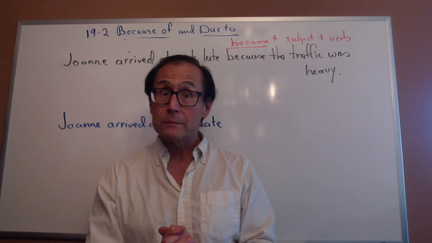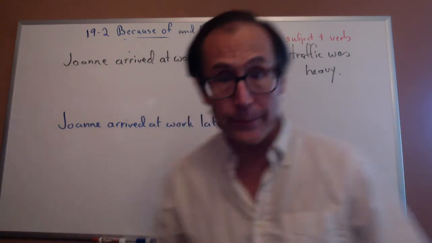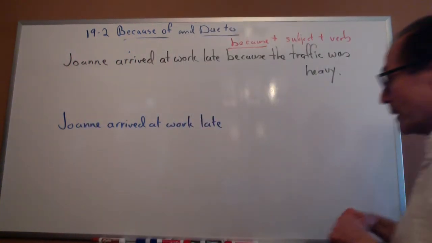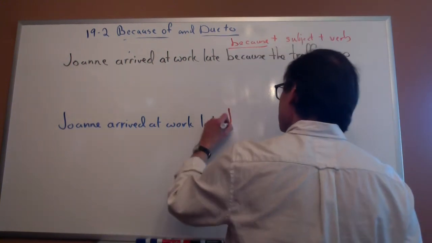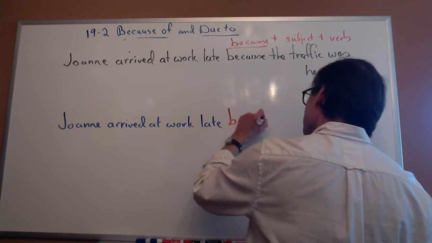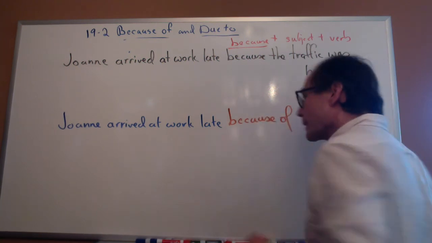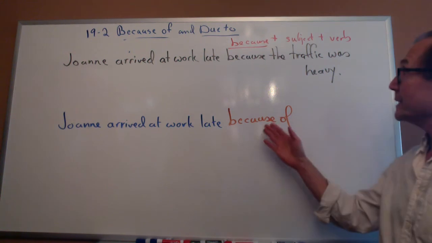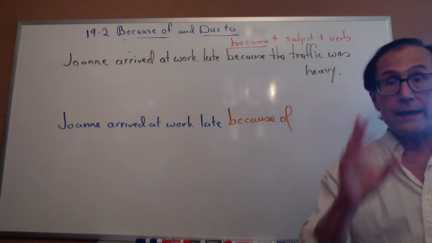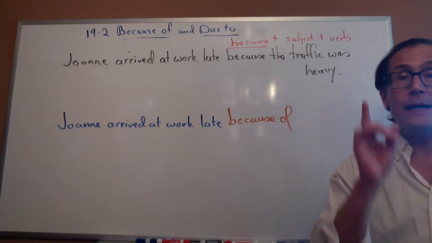Okay. Now let's look at because of. Joan arrived at work late, and let's say because of. The first thing that I want to tell you about because of is that it means exactly the same thing as because.